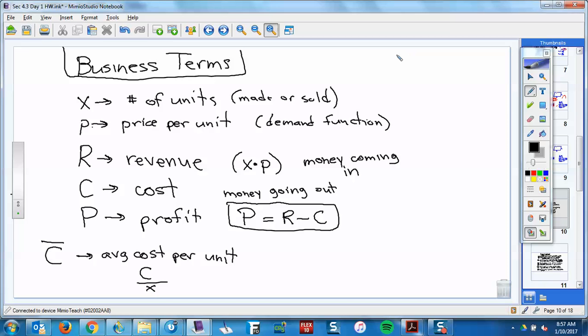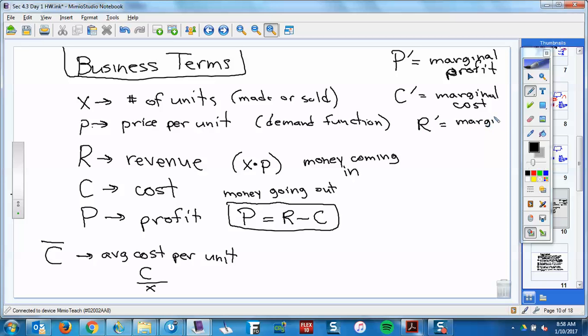Okay, and the last three then, P prime is called our marginal profit. So when you hear somebody talk about marginal profit, they're actually talking about the derivative. C prime is your marginal cost. And R prime is your marginal revenue.